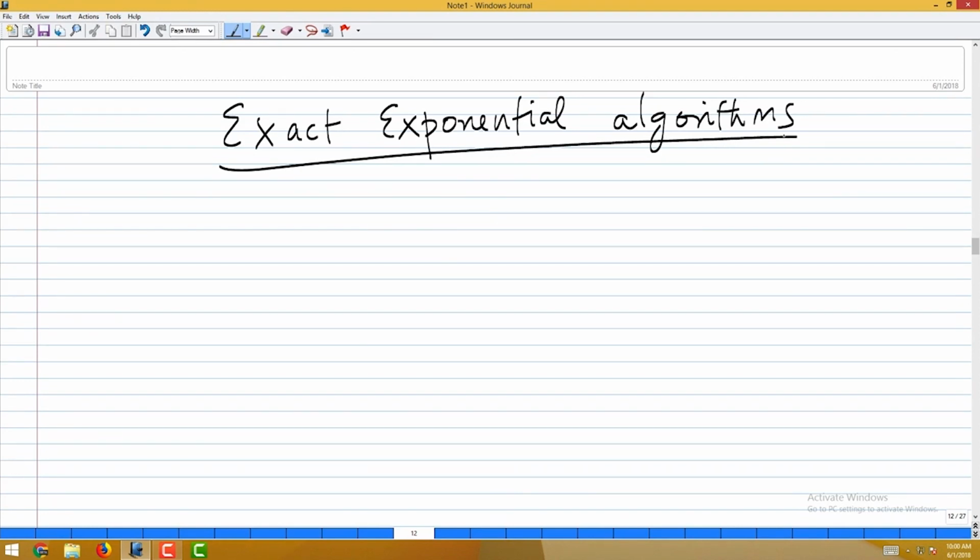Here the goal is to improve the base of the exponent. Okay, in the world of exponential functions, there is n factorial, 2 power n, 1.3 power n, and we want to just improve the base.